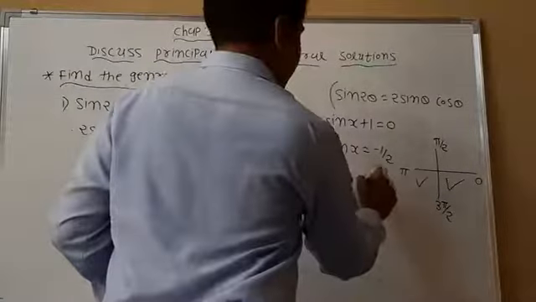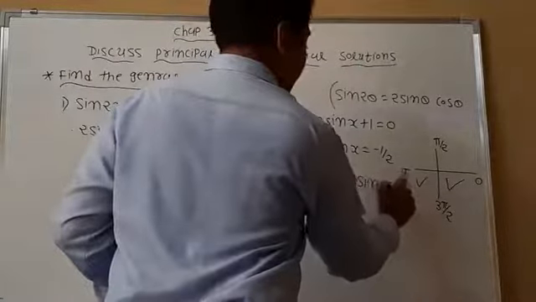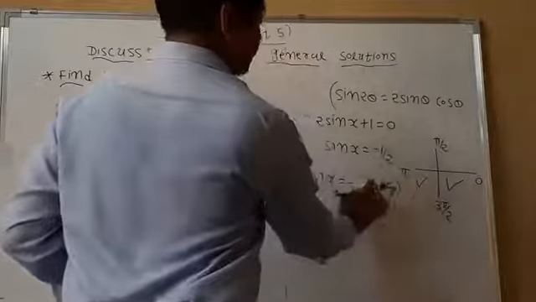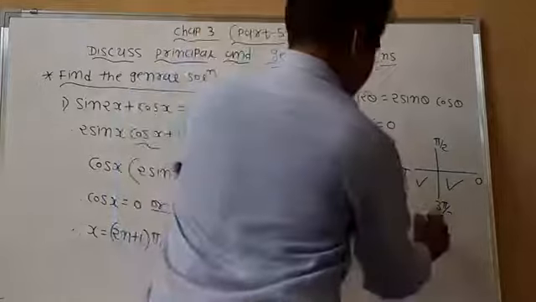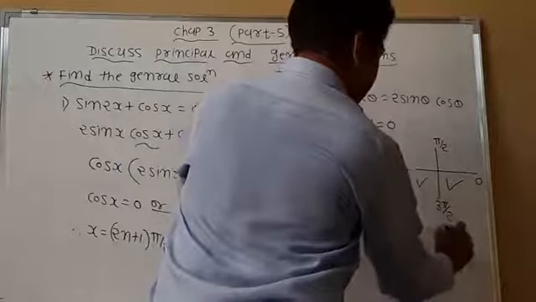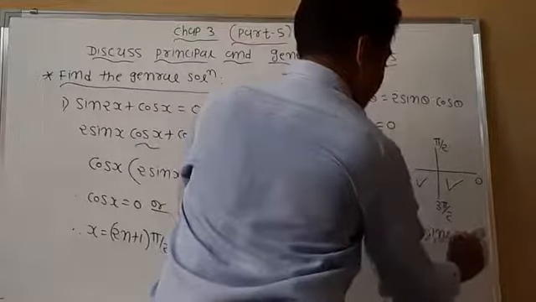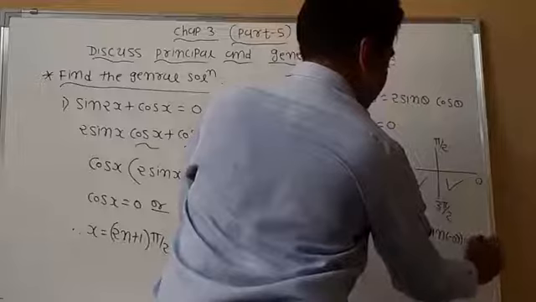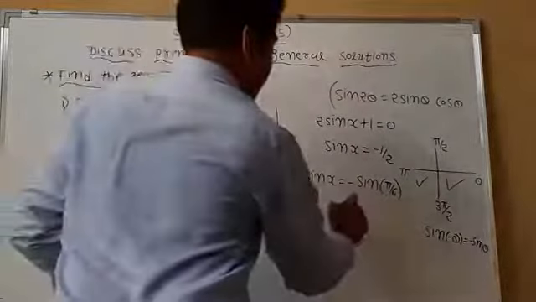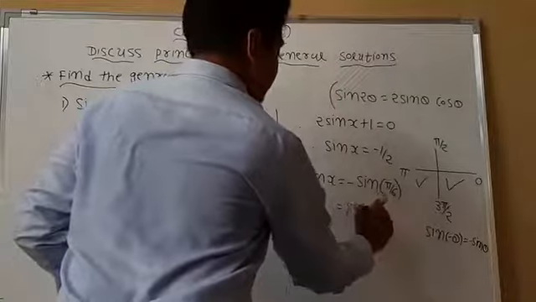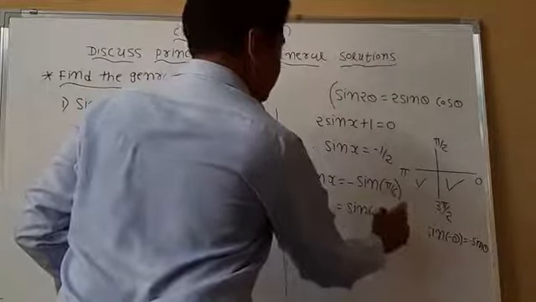So in place of 1 by 2 we write sin pi by 6. Again we know that sin of minus theta is equal to minus sin theta. So the minus sign is written in the inner part: sin of minus pi by 6.